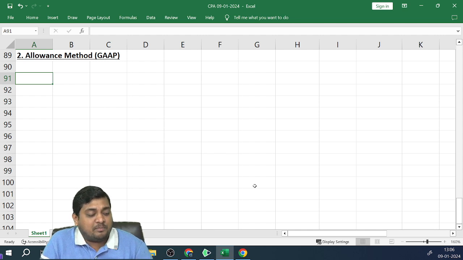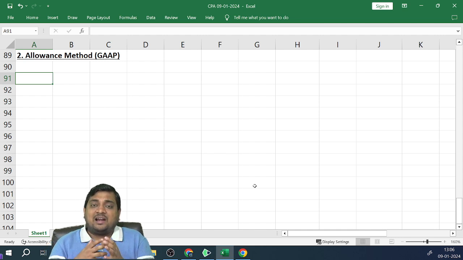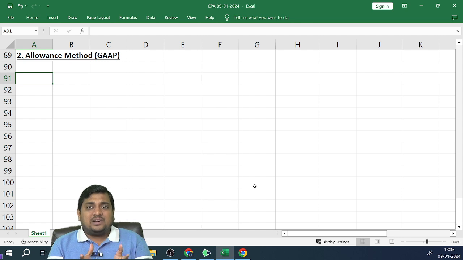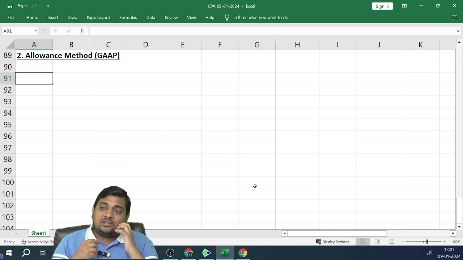Then your loans and advances will be regarded as performing, and nothing needs to be done as such, right? But if you fail to pay, then the loans and advances which the banking company has given to the customers will be considered doubtful.